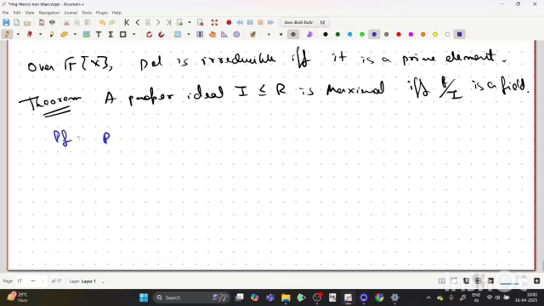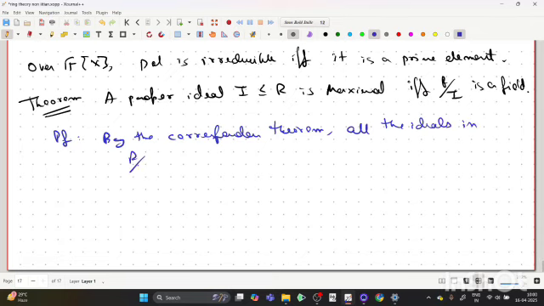We know by the correspondence theorem, all the ideals in R mod I are of the form J mod I, such that I is contained in J and J is an ideal of R, right?